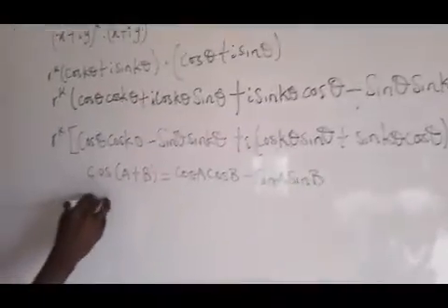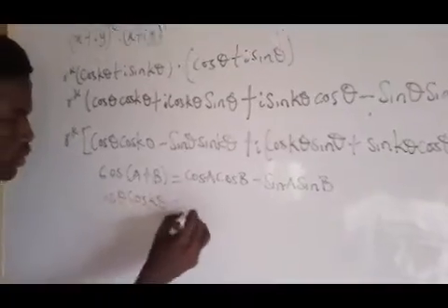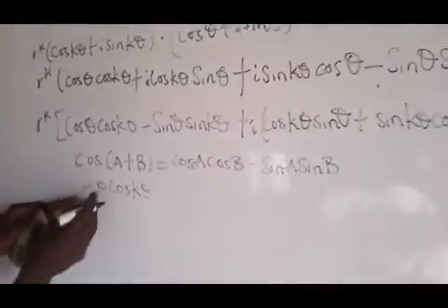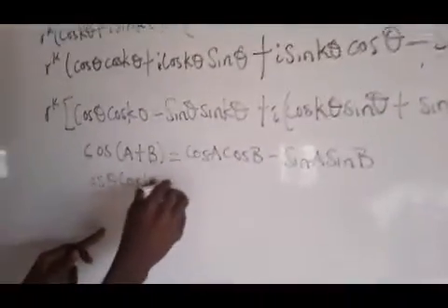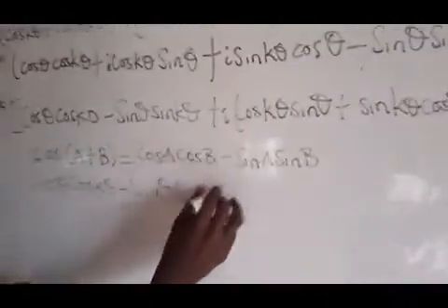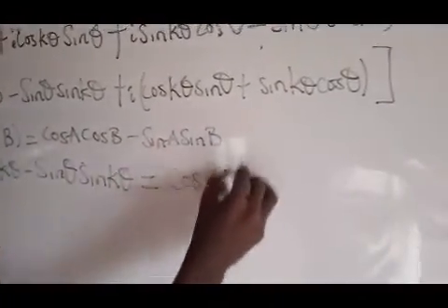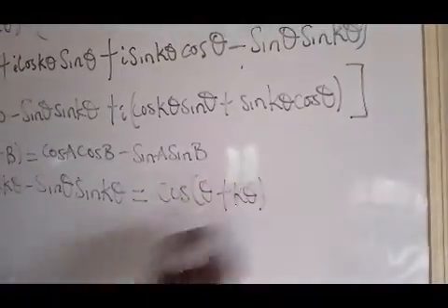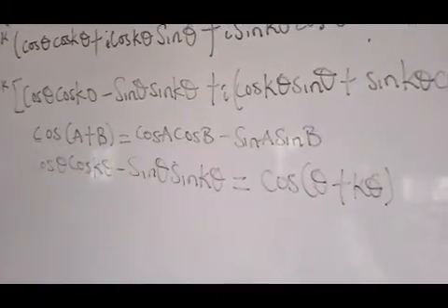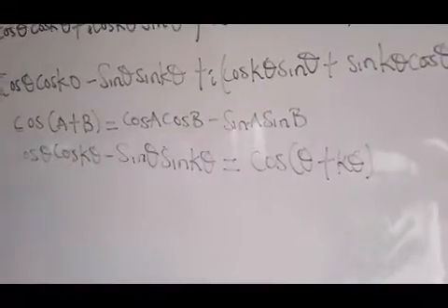That means my cos theta cos k theta minus sin theta sin k theta can also be equal to what? Cos open bracket theta plus what? K theta. Have you got what I'm doing there? So that means it can also be cos open bracket k theta, as I wrote it here.